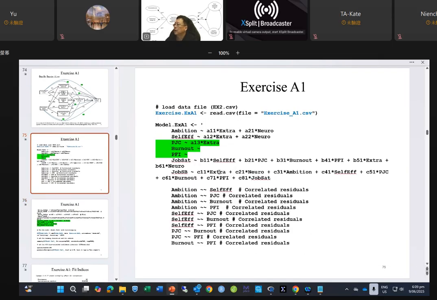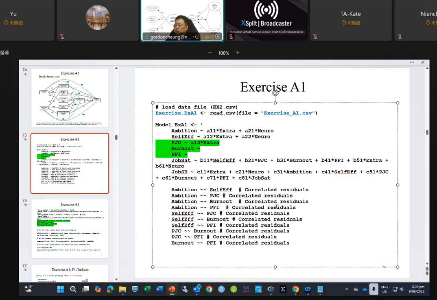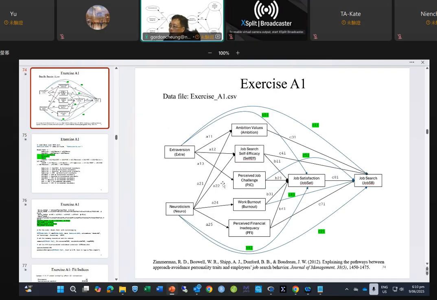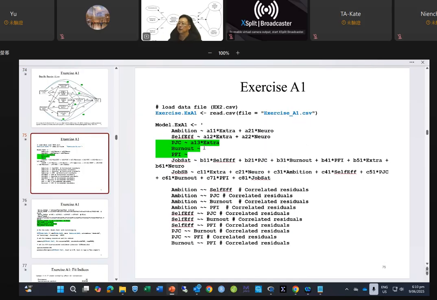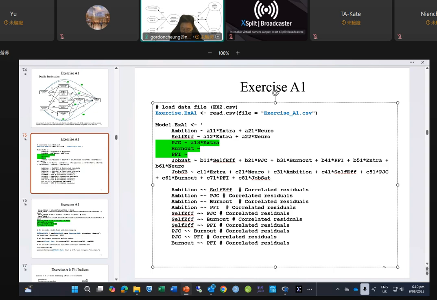Here, I'm completing this. Burnout only has one arrow going in, so it is A24 times neural.